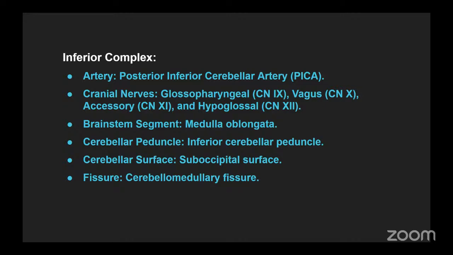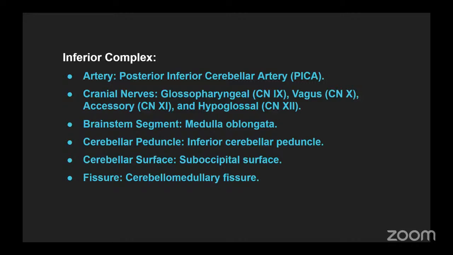Apart from the first two complexes, we have the third complex, which is the inferior complex. We have PICA and the lower four cranial nerves. Three of them go together. The hypoglossal goes separately via the hypoglossal canal, but they more or less travel the same region. The brainstem segment is obviously inferior.